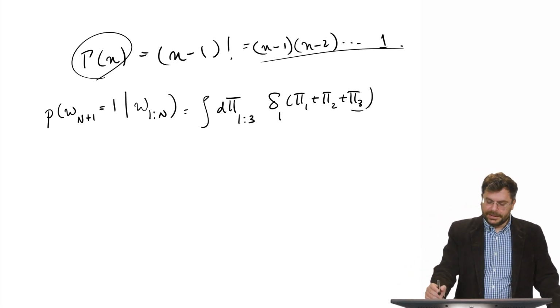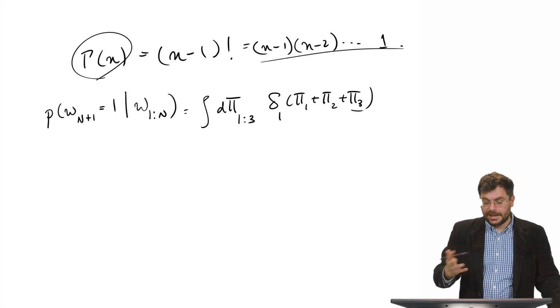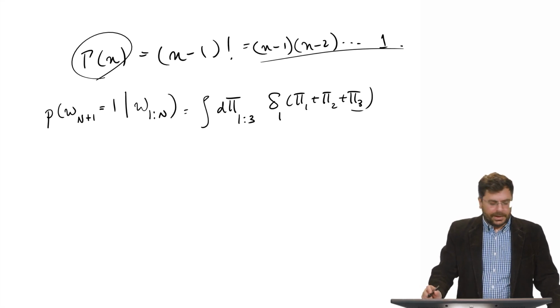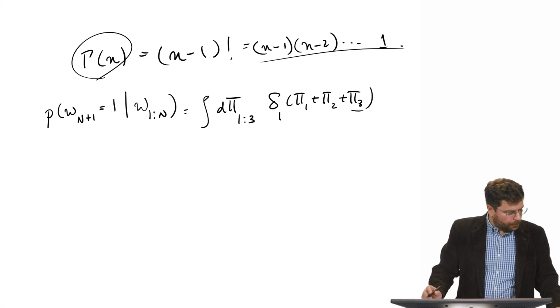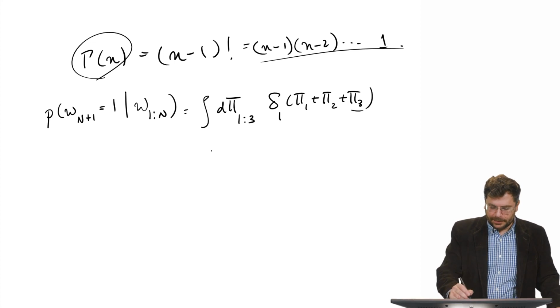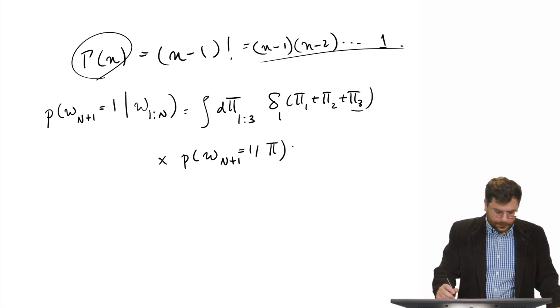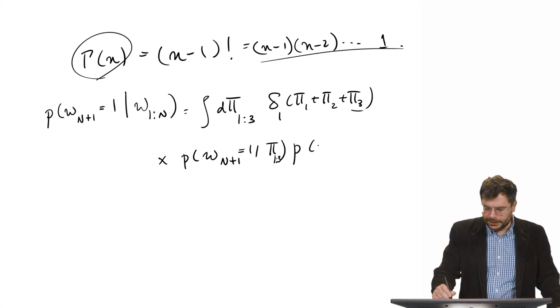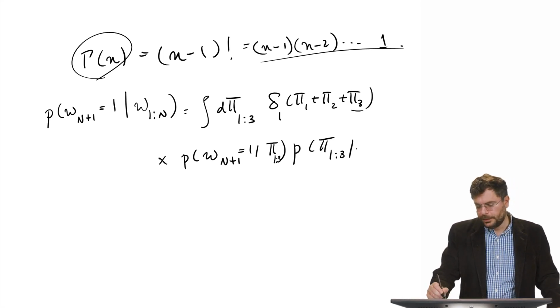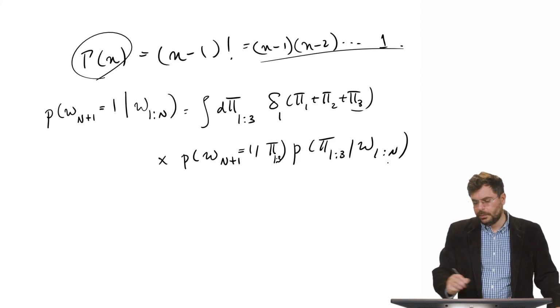But if I choose to write pi 3 explicitly, then I have to account for the fact that pi 3 is constrained by the relation that the sum of the pi's must be equal to 1. And then finally, I have the multiplied likelihood, this is pi 1 to 3, multiplied by the posterior, which is pi 1 to 3 given w 1 to n.